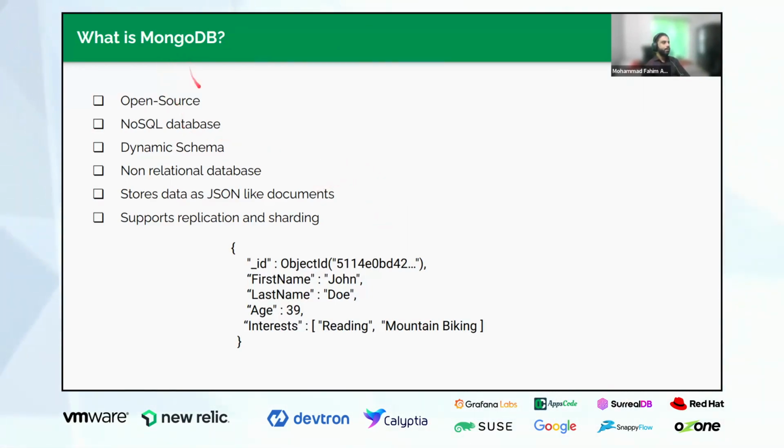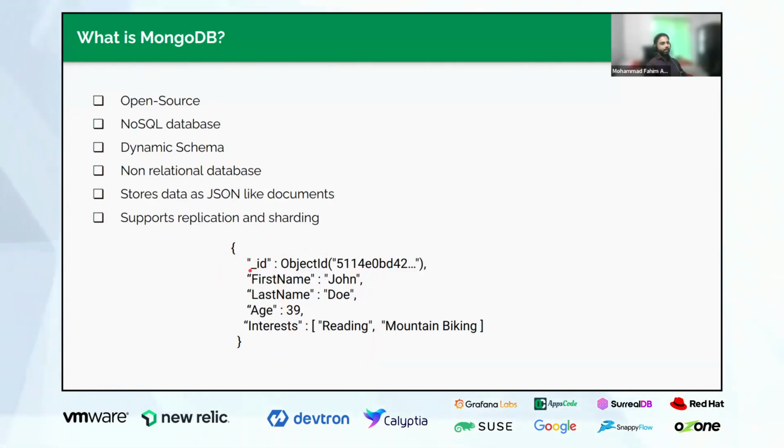So what is MongoDB? MongoDB is an open source database, which is actually a NoSQL database. It's not a SQL-based database like Postgres or MySQL, where you have tables, rows, and columns. In a NoSQL database, you don't have anything like that. You have something called a document, a JSON-like data structure.